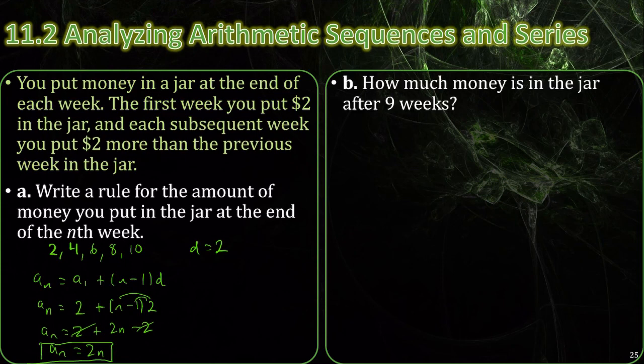How much money is in the jar after 9 weeks? Well, that sounds like a sum. Since it's arithmetic, our sum is n times a1 plus an over 2. I want 9, so my n is 9. a1 is our first, so that's the 2.